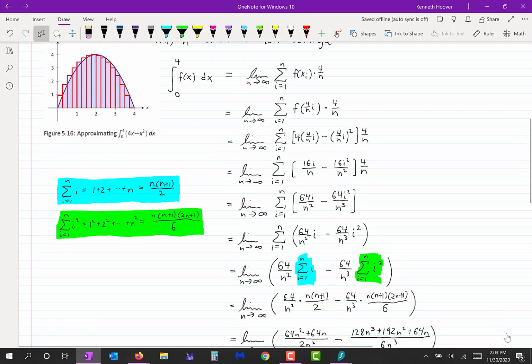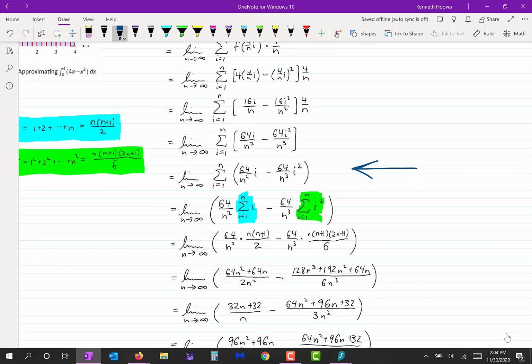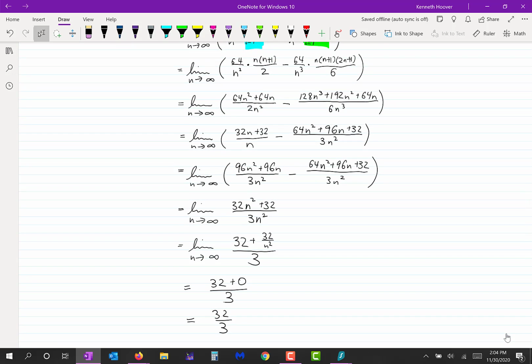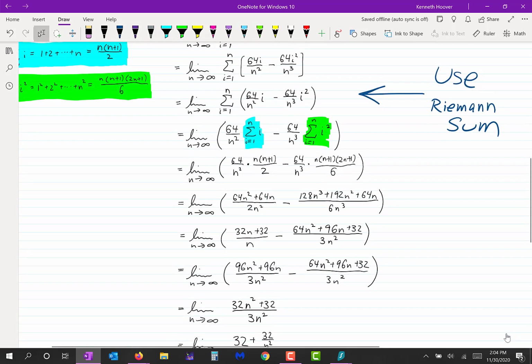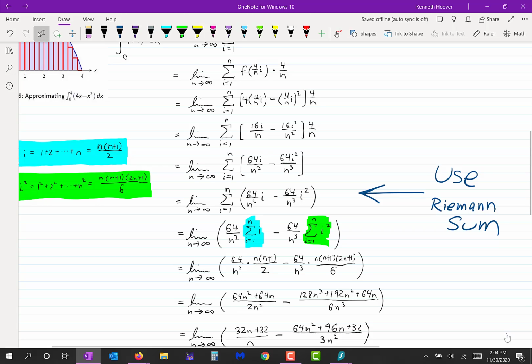Another way to do it is this, which is called a Riemann sum. Because it's a sum, remember that's what the sigma stands for, and because the first person to figure this out was named Bernard Riemann. So it's called a Riemann sum. And that also gives us an answer of 32/3. Same answer. You can use antiderivatives, or you can use Riemann sums.